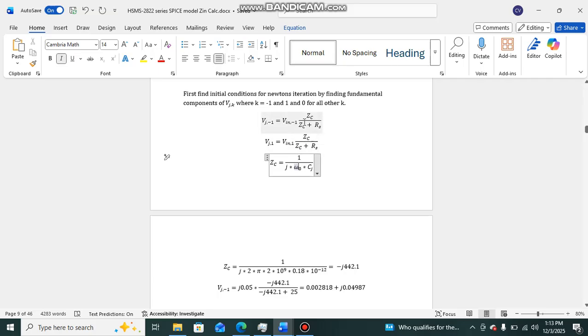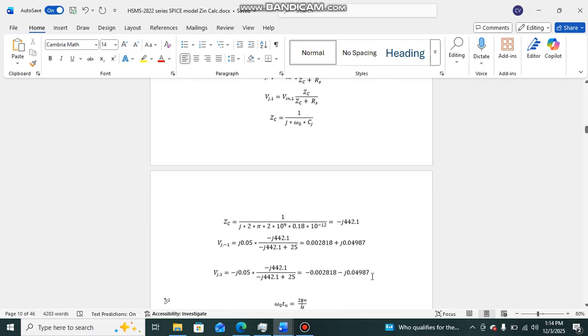But we know what ZAC is because we have the junction capacitance, and we can find the impedance of the capacitor here, which is negative j 442.1.